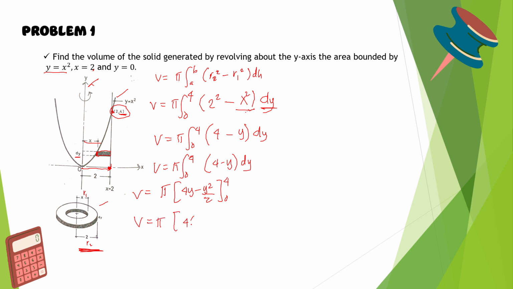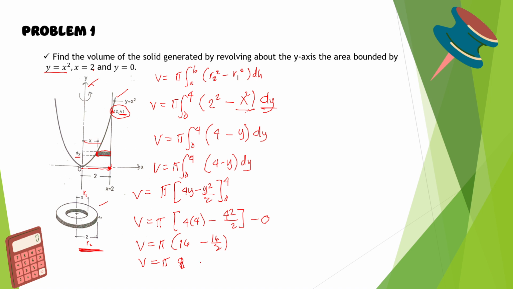This is 4 times 4 minus 4 squared over 2, and this will become 0, the rest is 0. So V is equal to pi, this is 16 minus 16 over 2. And V is equal to pi, 16 minus 8, that is 8.